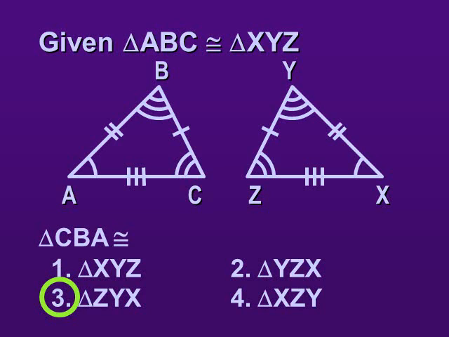This one, the figure is much more helpful because you can match up C with Z and B with Y as far as angles go, and then A with X. Again, I'm just rearranging the letters. Which one do you think it is? If you said XZY, you are correct.